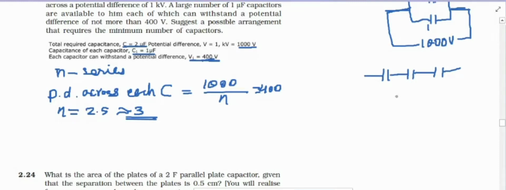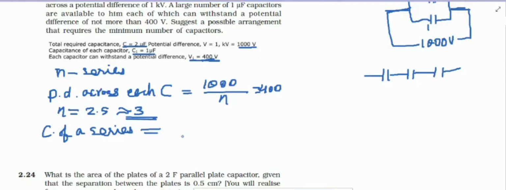3 one-microfarad capacitors. Now, let's calculate the capacitance of a particular series. It is a series connection, so 1 by Cs is equal to 1 by C plus 1 by C plus 1 by C, 3 capacitors.